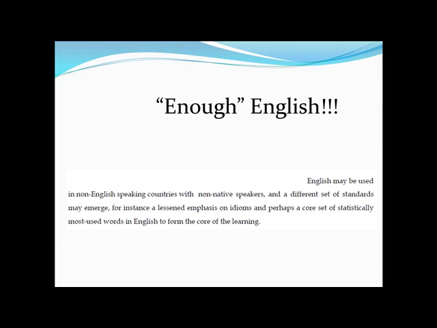English may be used in a non-English speaking country with non-native speakers, and different sets of standards may emerge. For instance, a lesson that emphasizes idioms and perhaps a core set of statistically must-use words in English to form the core of the learning.